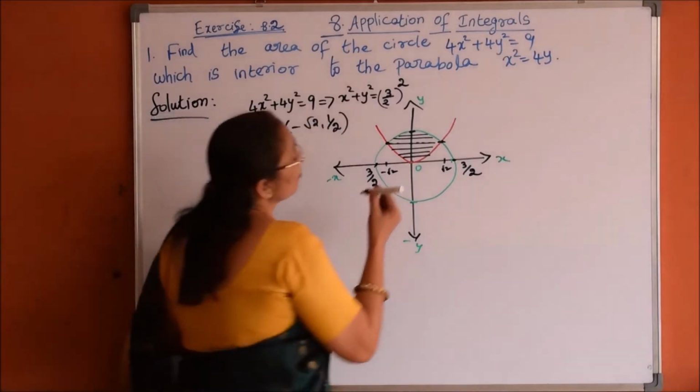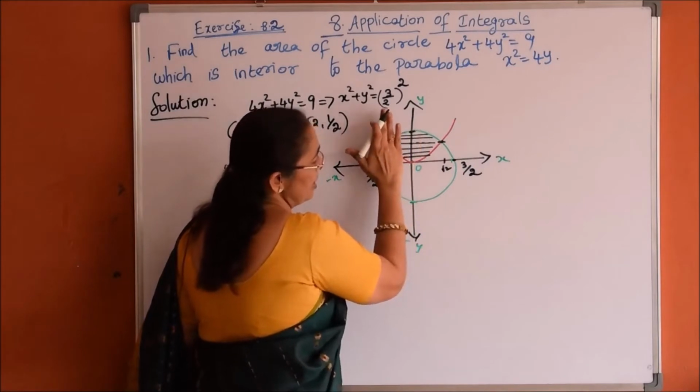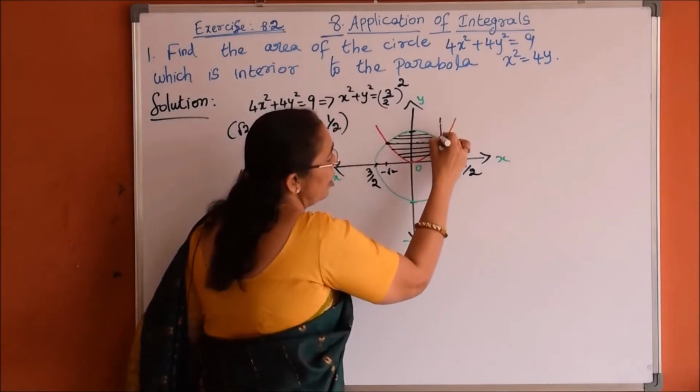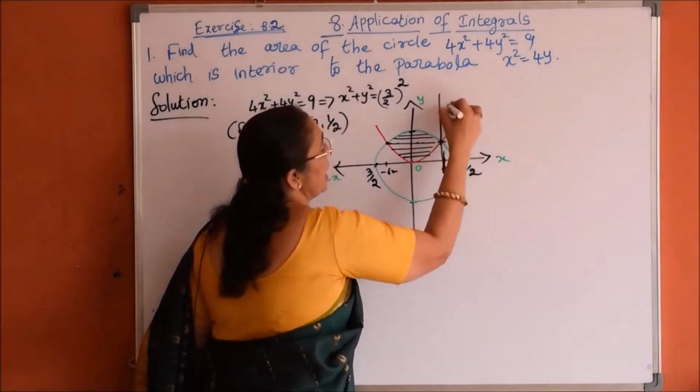Now, area. We need this area and I will consider only the first quadrant, and we got the point of intersection as this line, x is equal to root 2.